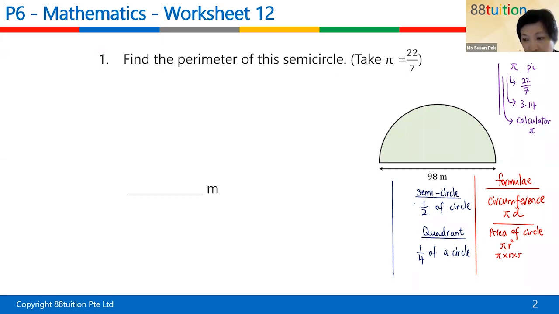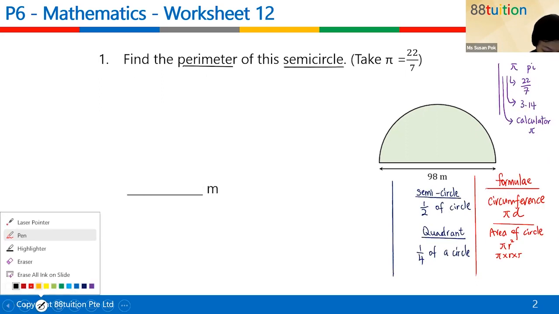Okay? All right. So if your name is called, I want everyone to participate very actively. Ready? Let's go. Find the perimeter of this semicircle. So a semicircle comes with how many lines? The first thing is you must understand which lines you are looking at.